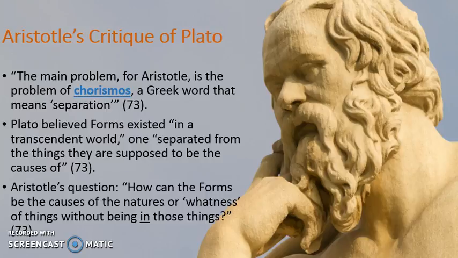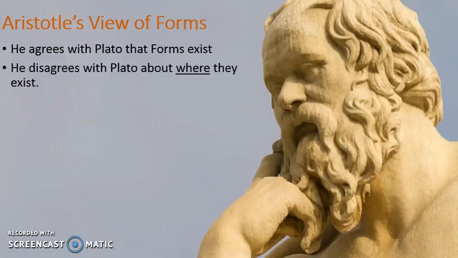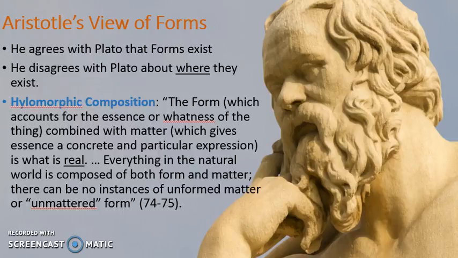And so Aristotle's question is, how can the forms cause something without being in the things themselves? And this leads to Aristotle's view of forms, which is slightly different from Plato's view of forms. He agrees with Plato that forms exist, but he disagrees with Plato about where the forms exist.